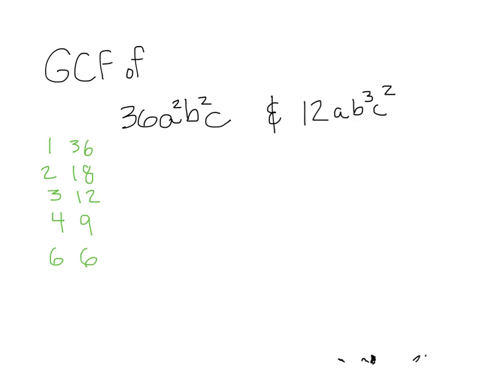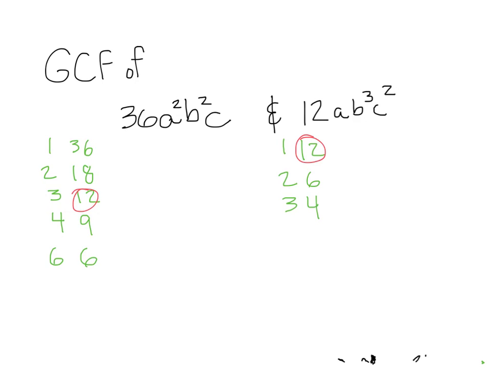For 12, we have 1 and 12, 2 and 6, 3 and 4. We can immediately see right off the bat that our greatest common numerical factor is 12.